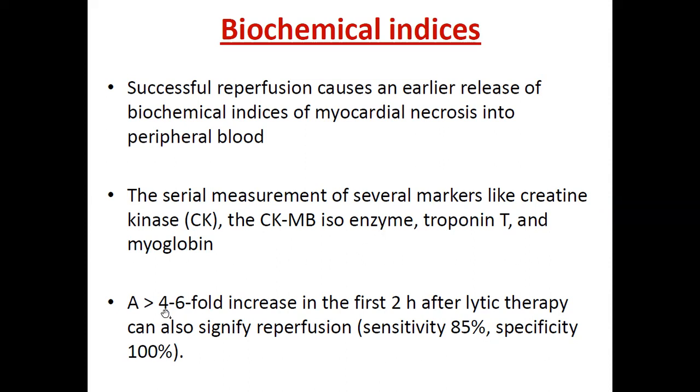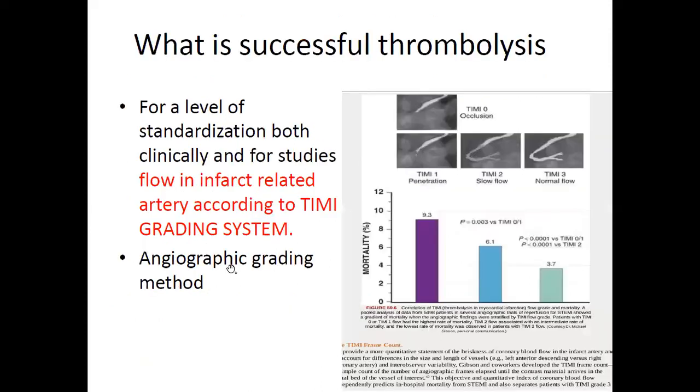After successful thrombolysis there will be a 4 to 6 fold increase in the enzymes CKMB and troponin T. They start increasing earlier when compared to normal. If there is a 4 to 6 fold increase in the enzymes, along with clinical findings of decreased pain and decreased ECG elevation, it is also an indication of successful thrombolysis.